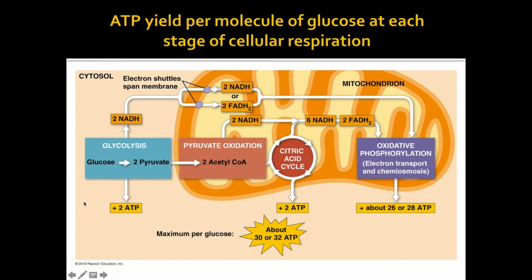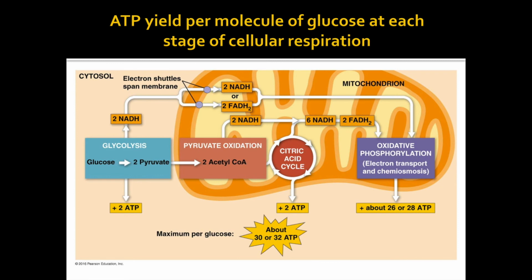In glycolysis, our net gain of ATP is 2, gained by substrate level phosphorylation. Pyruvate oxidation doesn't have any ATP produced. In the citric acid cycle, we can produce 2 ATP by substrate level phosphorylation by the complete breakdown of glucose.